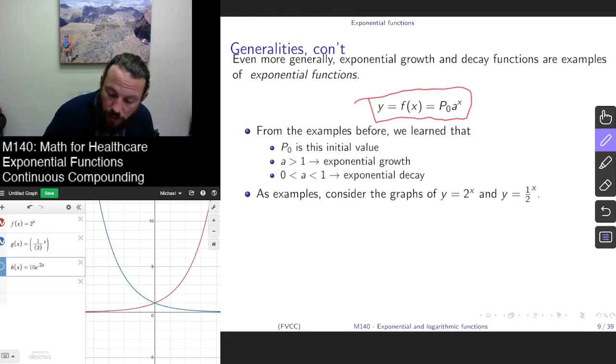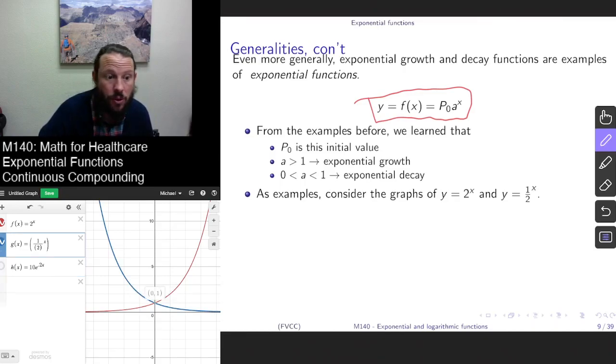Notice for y equal to 2 to the x, I put in my Desmos screen there as f of x, and it goes through the y-axis at 0, 1. Both do, right? That's the initial point. P naught is 1 for each of these. But notice the difference. In red, we have the graph of y equal to 2 to the x, which we have seen a few times, and it is increasing because there A is greater than 1 and we have exponential growth.